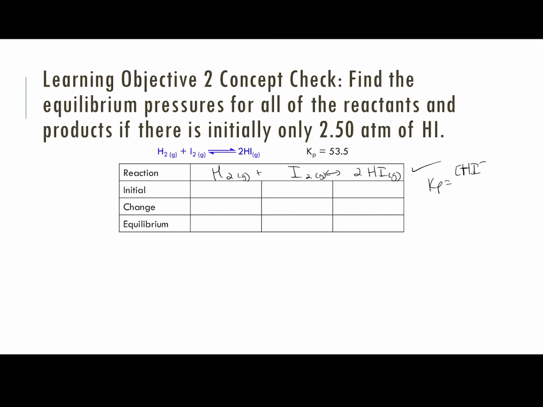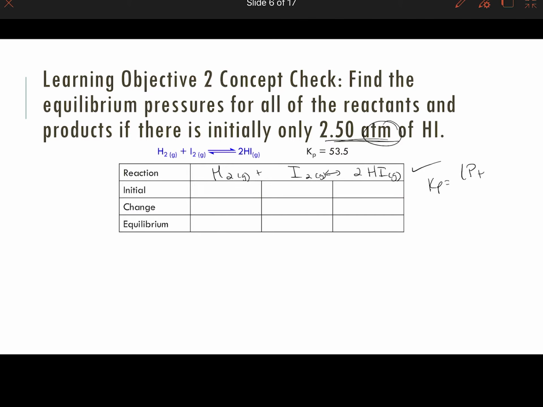Okay. Next we want to see what initial concentrations we have, and actually let's write this in terms of pressure. So this would be the partial pressure of HI squared divided by the partial pressure of H2 times the partial pressure of I2.